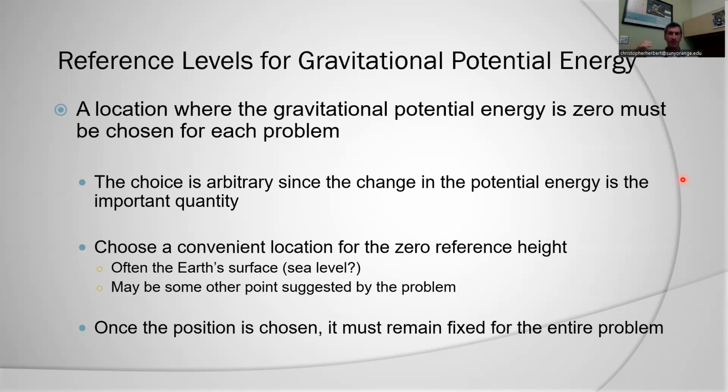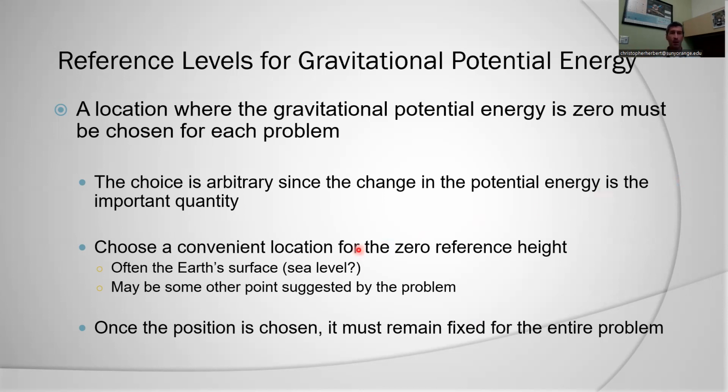As long as I'm consistent in my system and I use the same reference energy, just like with coordinate systems, as long as I always use the same origin, I'm fine in describing motion. As long as I always use the same reference point, I'm fine for doing that too.